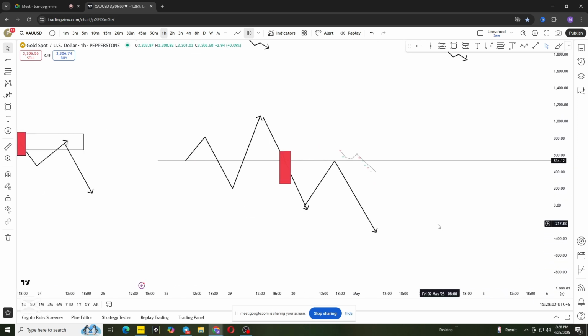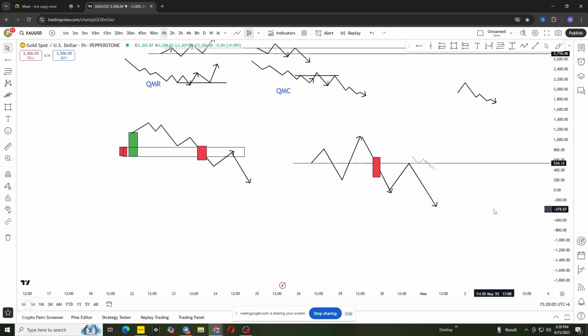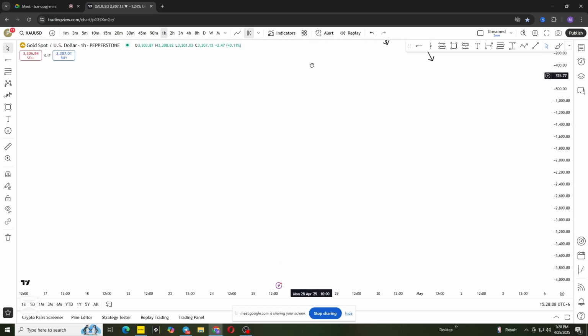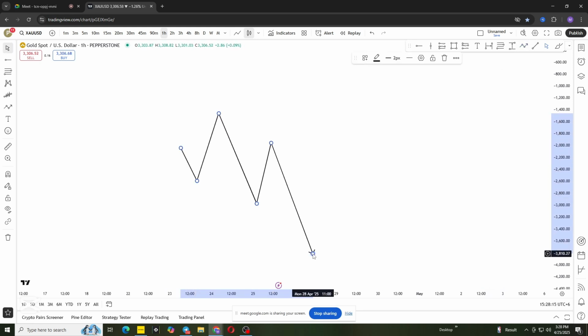You should avoid it. One thing also needs to be understood: what types of QM work most in the chart. Let's say you start seeing a QM here, which is a sell QM, and this is the area of your sell QM. You see that particular QM is a QM in one constant time frame. When I say the constant time frame, that particular time frame could be H4, H1, H2, whatever time frame, okay.